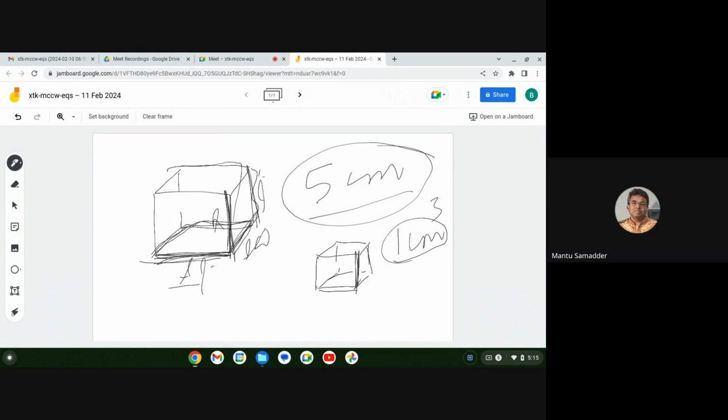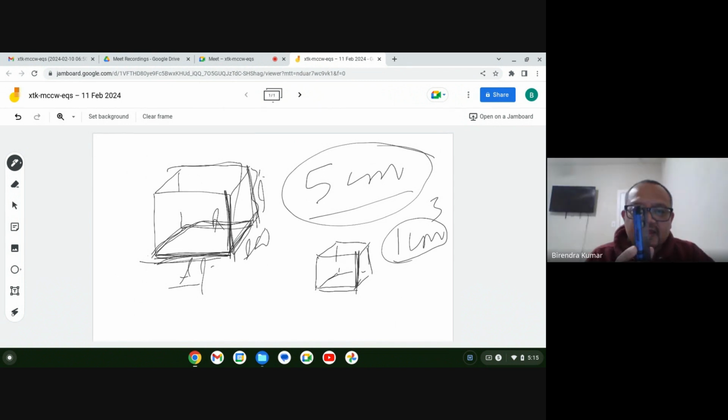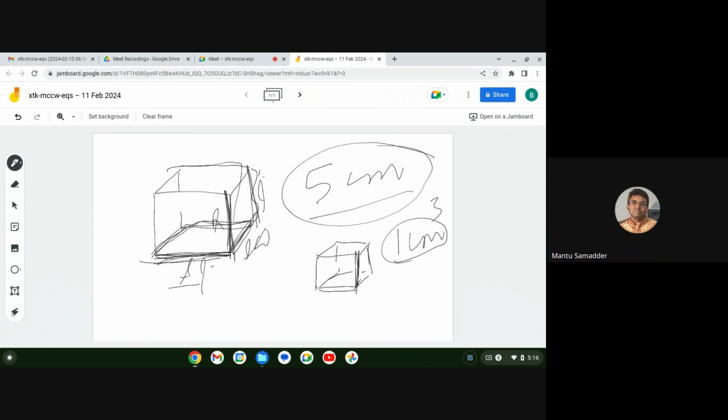Surface area. If I want to keep this phone in a closet and I want to find out whether it will fit in the closet or not, what would I need to know, volume or surface area? Volume.